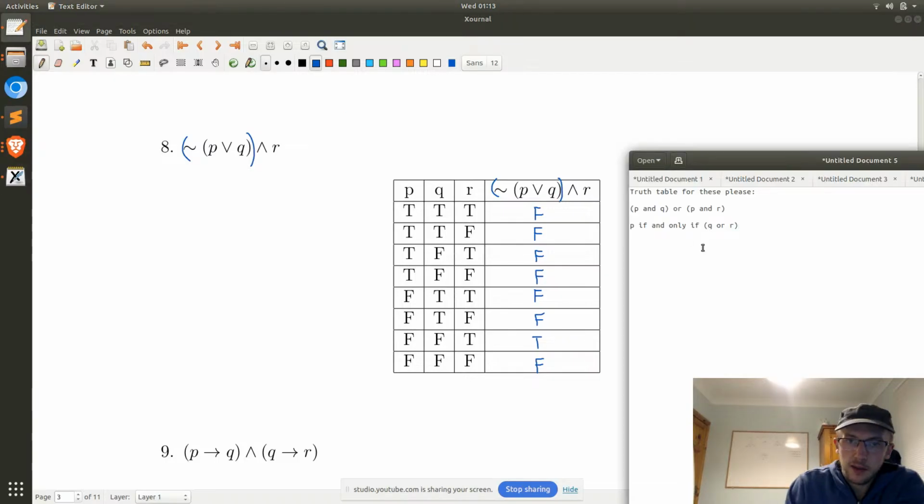Okay, and this statement says not P or Q and R.